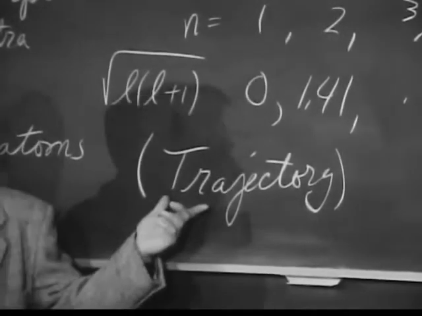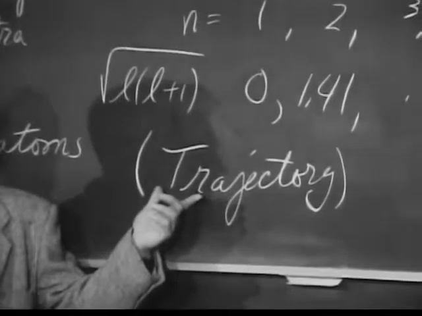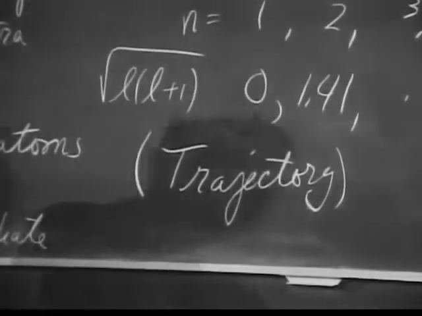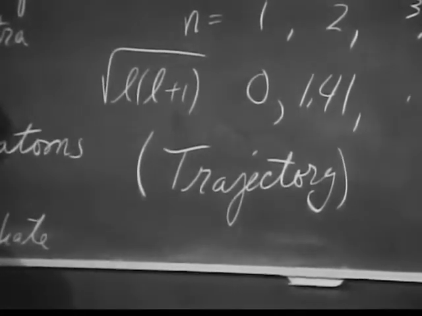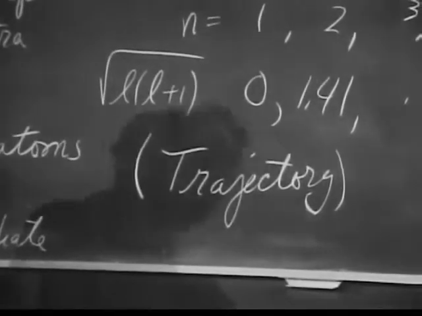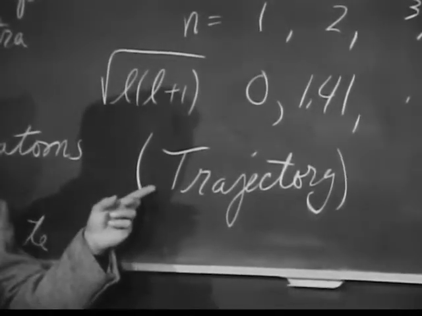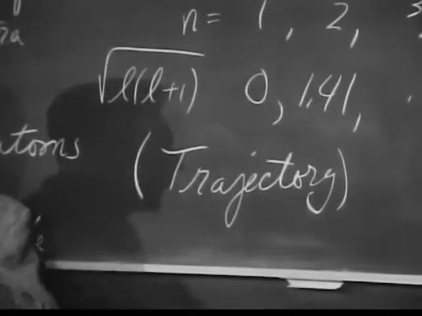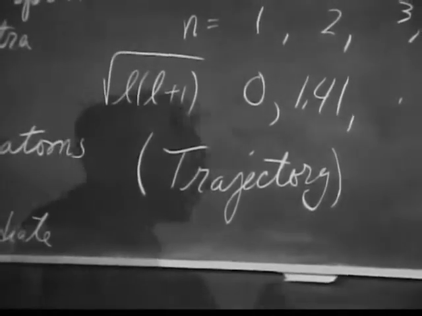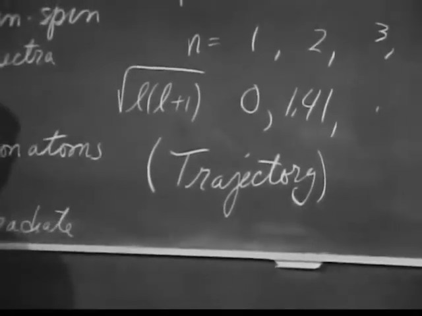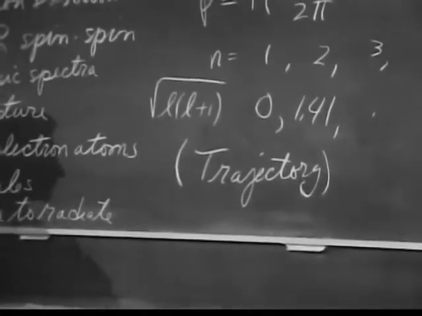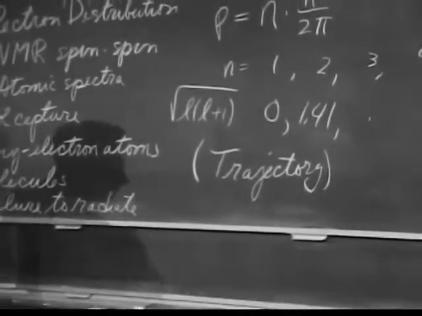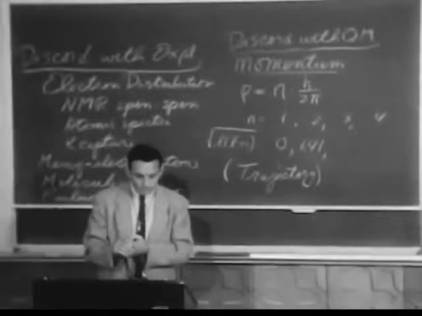Instead, it omits trajectory as an idea, as you'll see in my words in a moment. And so, in a sense, there's this discord that the trajectory is a very important and significant part of the planetary model, and we discover that the trajectory is lost in the quantum mechanical model.